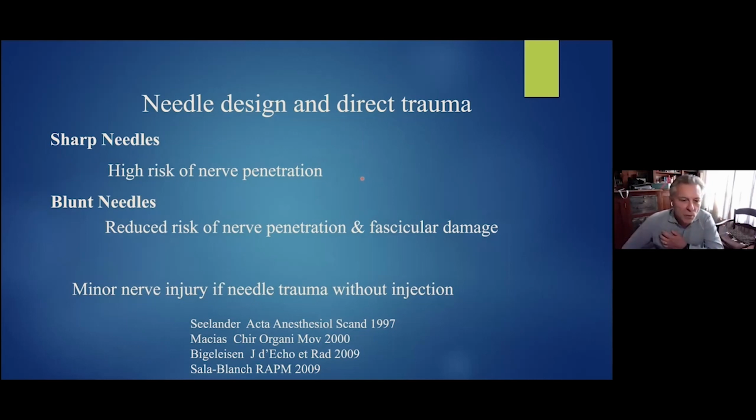Blunt needles reduce the risk of a nerve penetration and fascicular damage, because it is, like I said, very difficult to penetrate the perineurium. And like I said before, the nerve injury will be less if there is a needle trauma without injection, without compression.